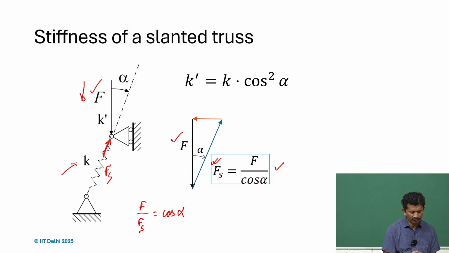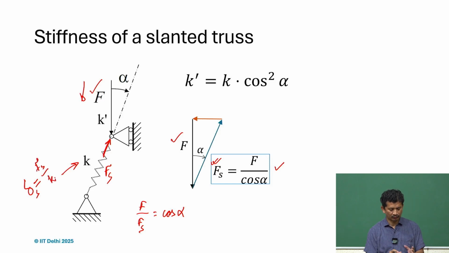If we know K here, where K is the stiffness and Fs is the load coming on that, then the deformation in the spring, delta, will be Fs over K. So first we try to find forces, and then we can also find the displacement or deformation, and then translate it into the displacement along the force direction.